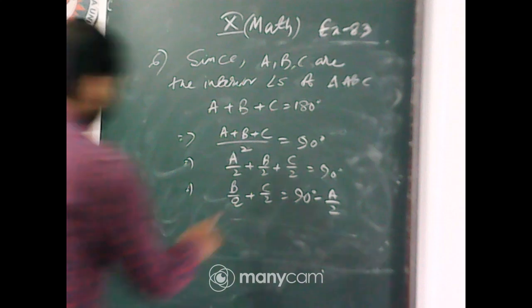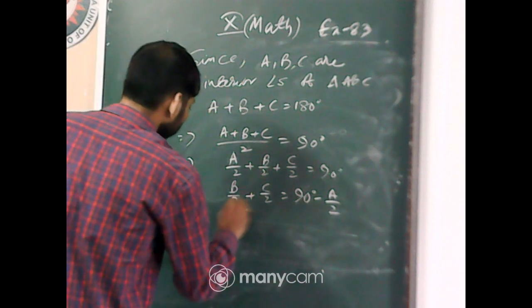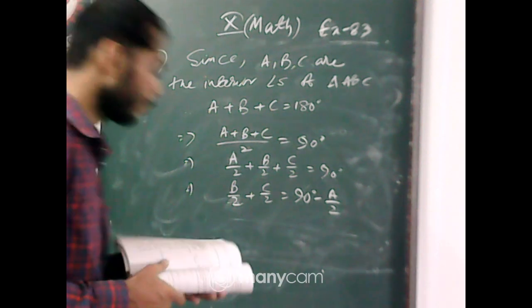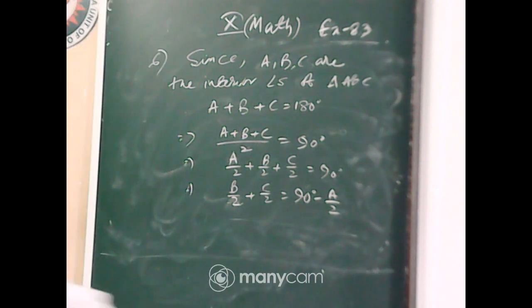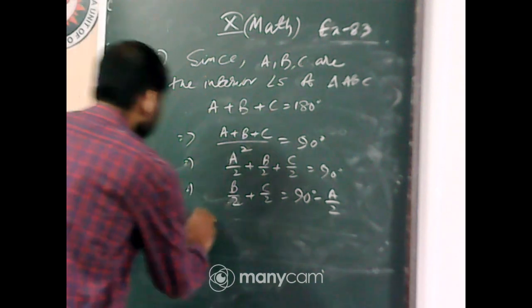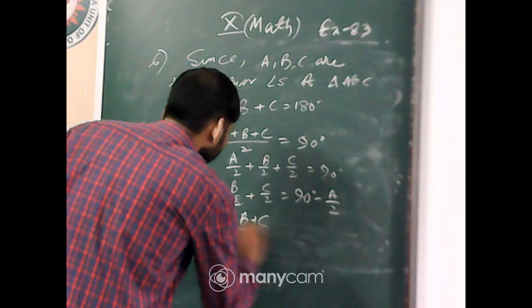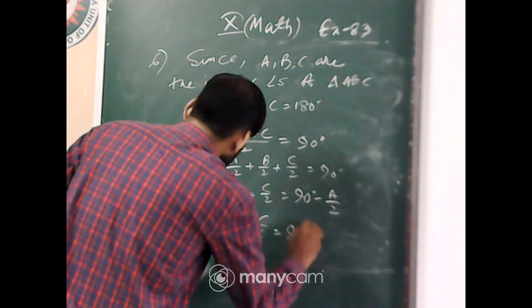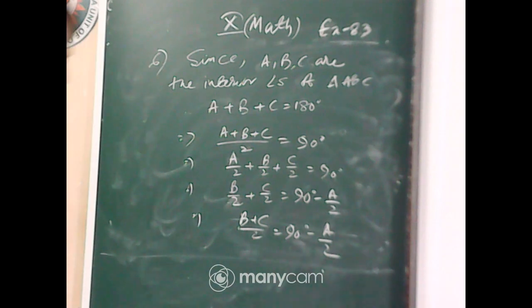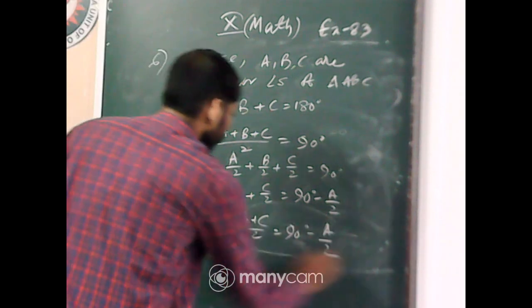This is required for proving what is asked to prove here. So B by 2 plus C by 2 equals 90 degree minus A by 2. That means we may write here (B plus C) by 2 equals 90 degree minus A by 2. Okay, this will be required.